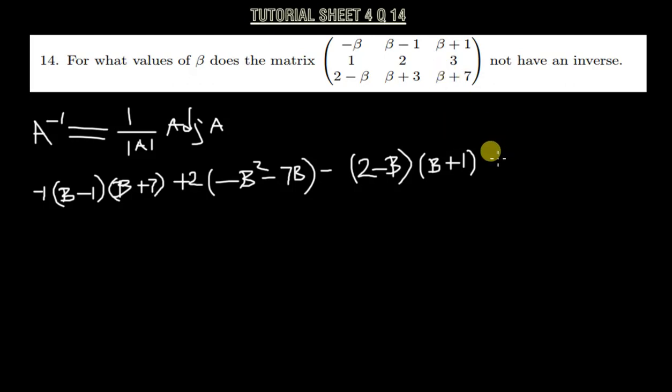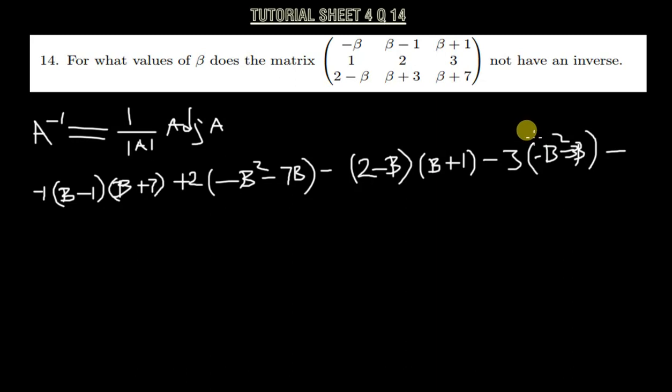And then we move on to the last number there, which is minus 3. The cofactor there is negative, so it will be a minus 3, then open brackets. When you delete this column and that row, I'm going to multiply negative beta times that, so you get negative beta squared minus 3 beta. Then you close the brackets like that.